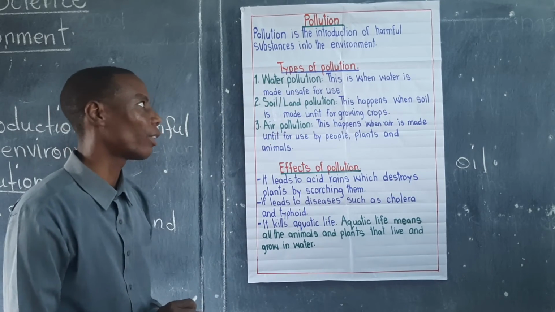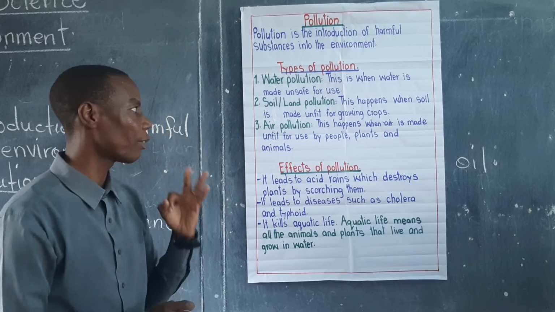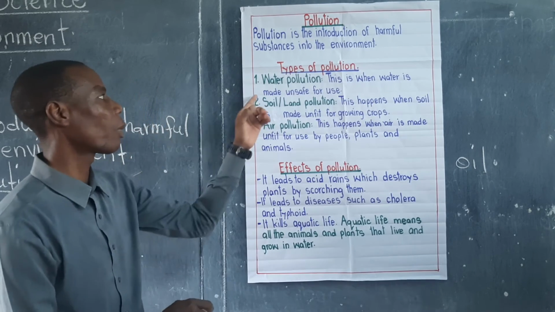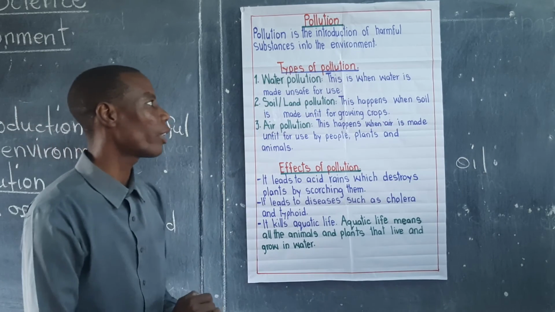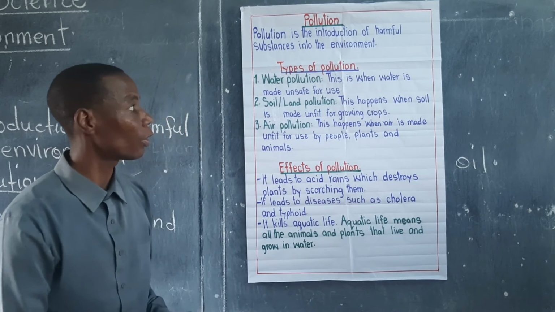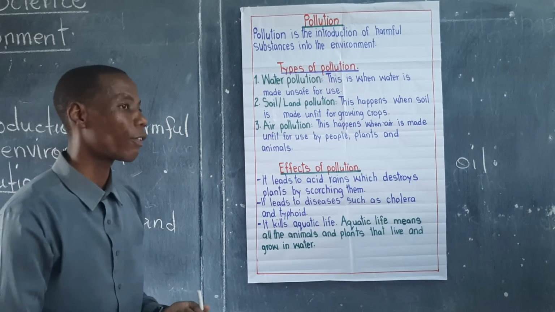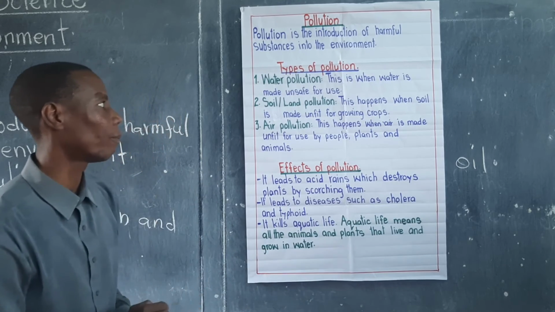Types of pollution. There are three types of pollution. One, we have water pollution. We are saying water pollution is when water is made unsafe for use by people and by plants, including animals as well.